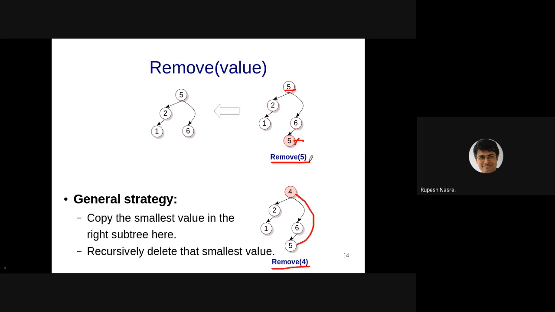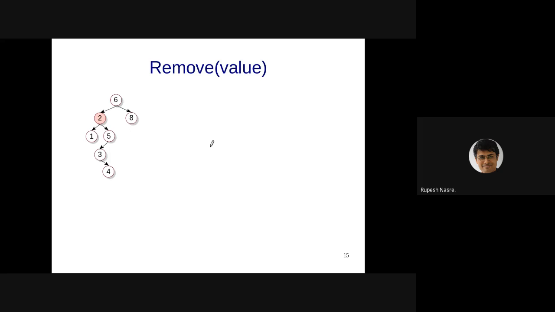This we know how to do, and that can be done. So now let's take a little complicated example, not too complicated, but a little complicated. Here 2 has 2 children, and therefore this is the scratch your head case. I recommend let's try to do this on this particular structure.